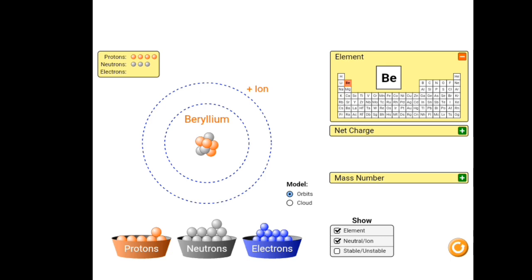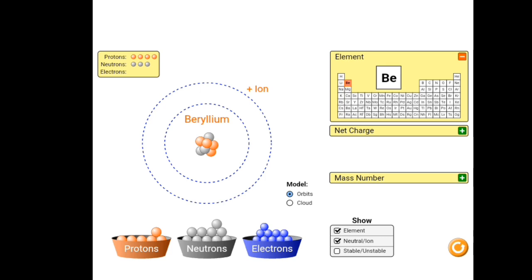Now we have 3 neutrons, but the name of the element is still beryllium. So this confirms to us that what determines the name of an element is the number of protons. And don't forget, I mentioned earlier that the elements are arranged by the number of protons present in the nucleus of the atom.